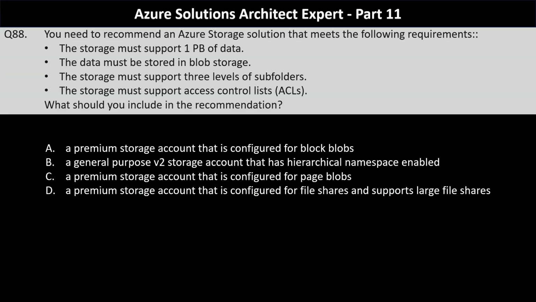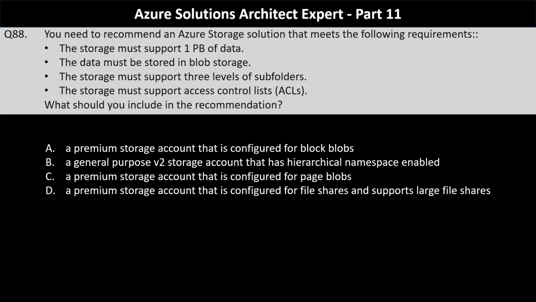Your options are a premium storage account that is configured for block blobs, a general purpose V2 storage account that has hierarchical namespace enabled, a premium storage account that is configured for page blobs, a premium storage account that is configured for file shares and supports large file shares.